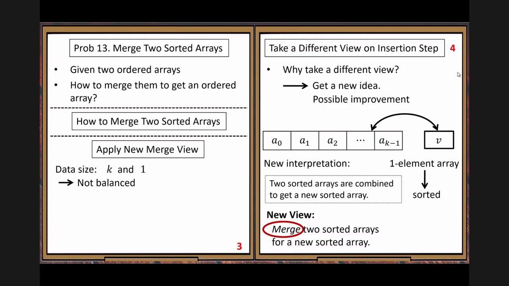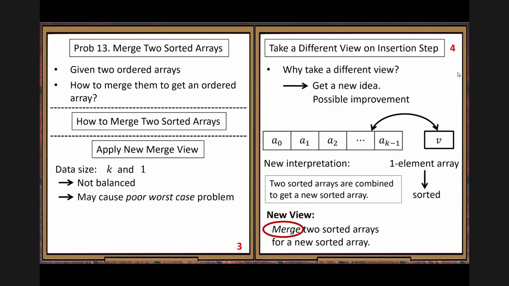Because if the data distribution is too unbalanced, then it will respond to the worst case. We want to get the fastest worst case. The efficiency won't be good, and we want to do better. So we want to make a balanced split.